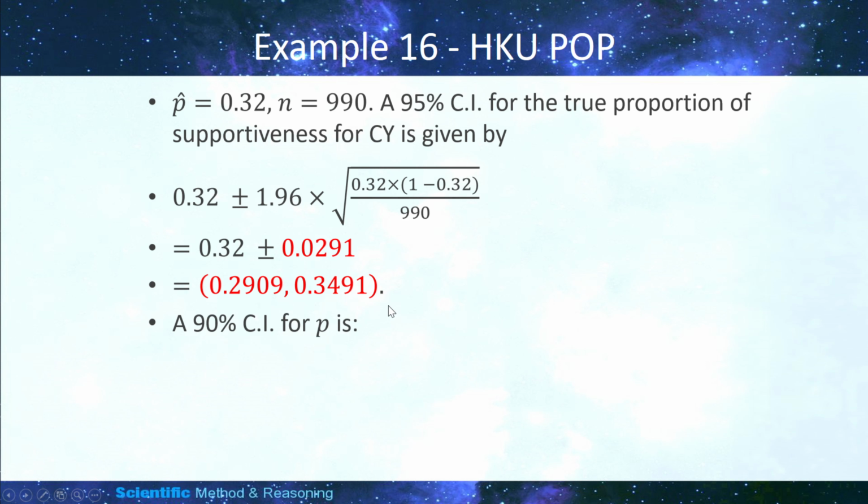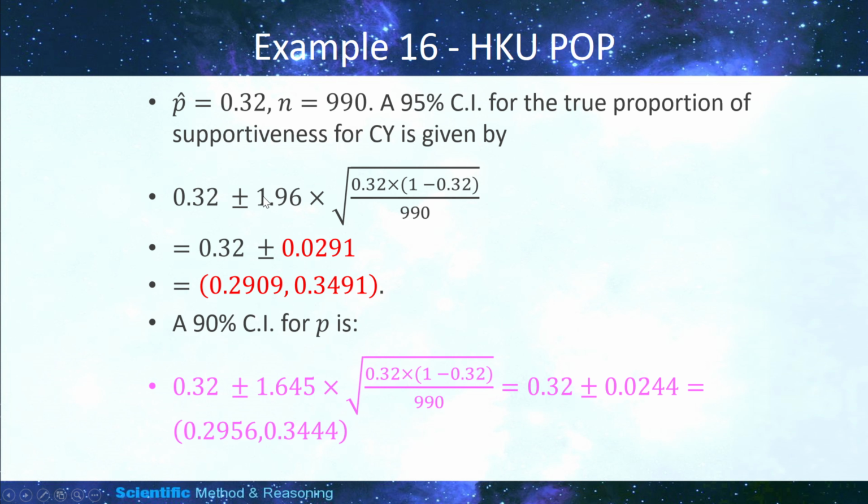Also, a 90% confidence interval for p is exactly the same, except that this magic number will change to 1.645. Okay, with a smaller confidence we have a slightly narrower interval. With a wider interval we have a higher confidence.